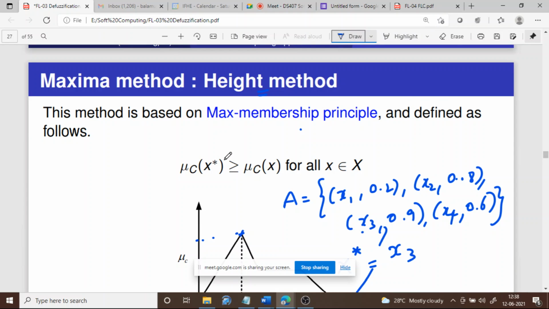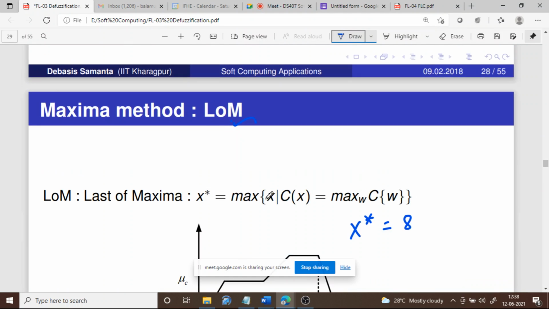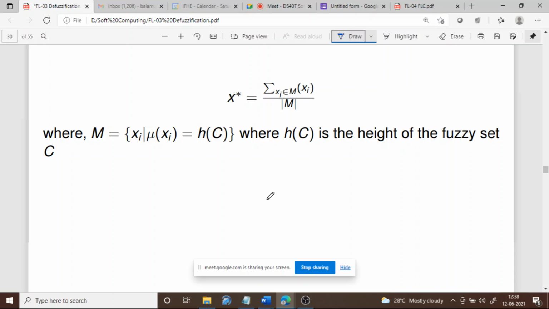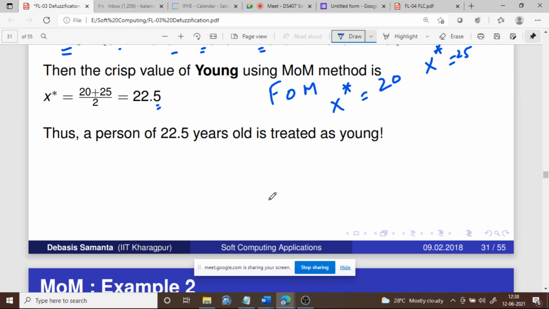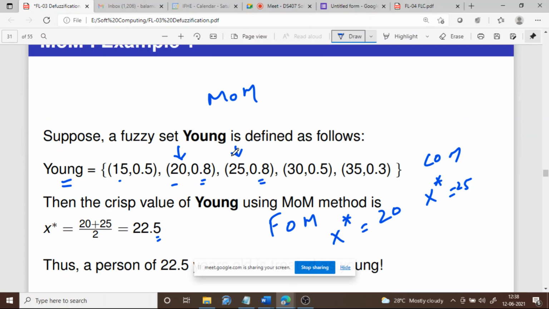Please understand, the height method can be applied only if there is one maximum point. In the earlier example, only for x3 there is a 0.9, and there is no other 0.9. Only in that case can we apply the height method. In this case you cannot, because there are two peak points, 0.8 and 0.8.